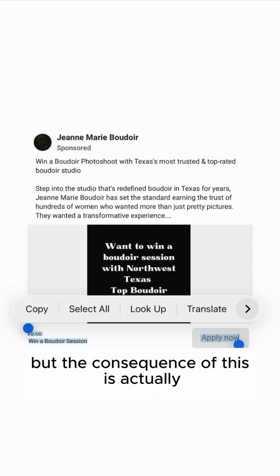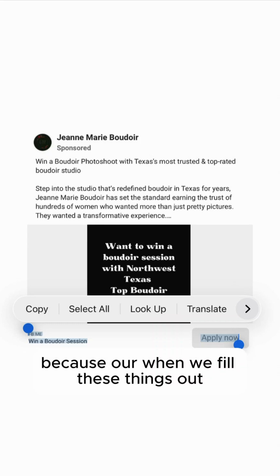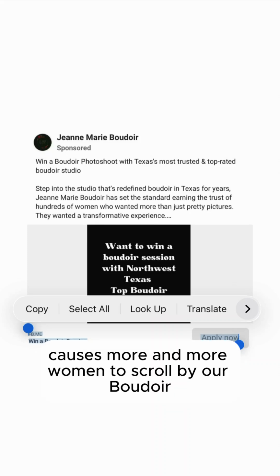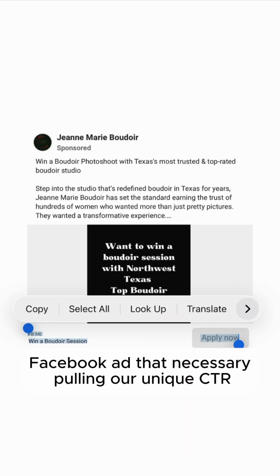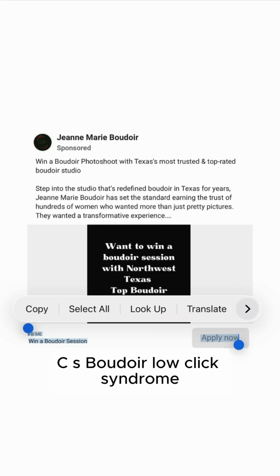But the consequence of this is it's better for Facebook that we fill it out than us, because when we fill these things out, it causes more and more women to scroll by our Boudoir Facebook ad than necessary, pulling our unique CTR all under 6%, contributing to BLCS, Boudoir low click syndrome.